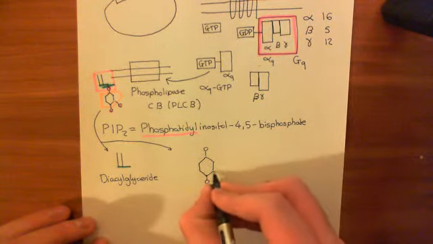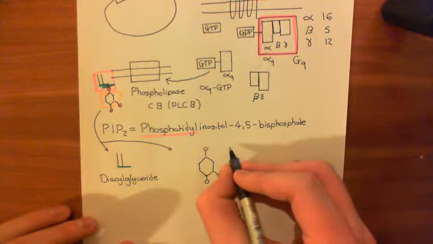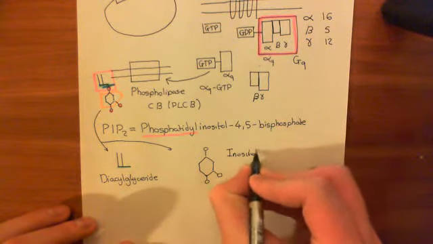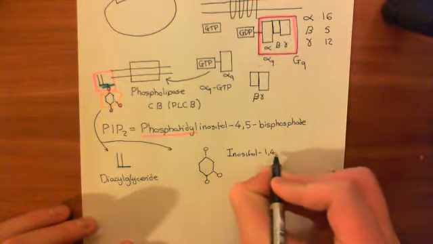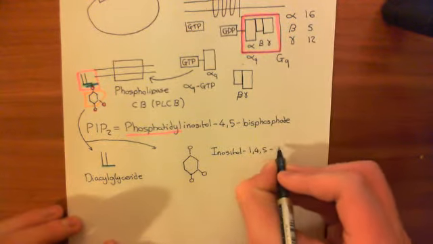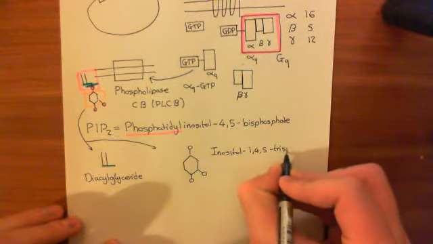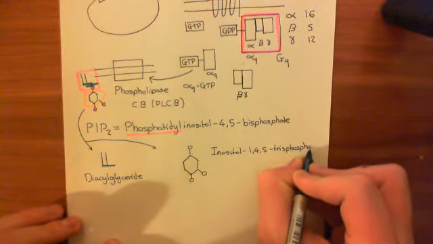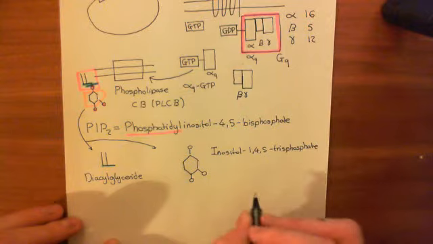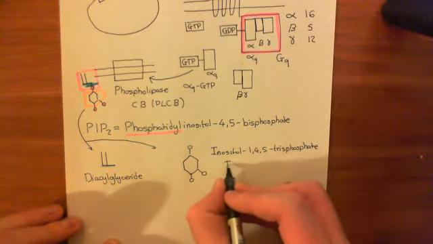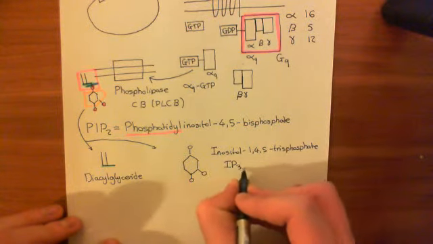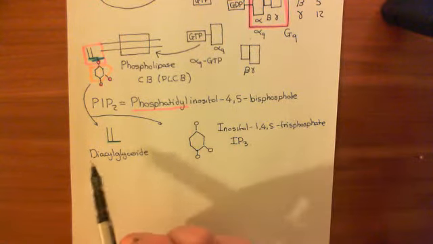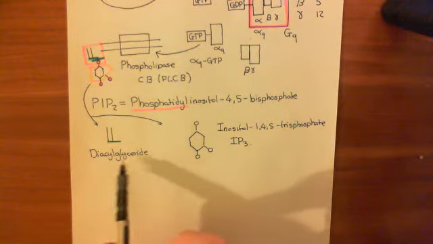So you've now got inositol with 3 phosphate groups on, and this is known as inositol 1,4,5-trisphosphate, but it's often more commonly abbreviated to IP3, and you might also hear people call it just inositol trisphosphate, IP3. Right.